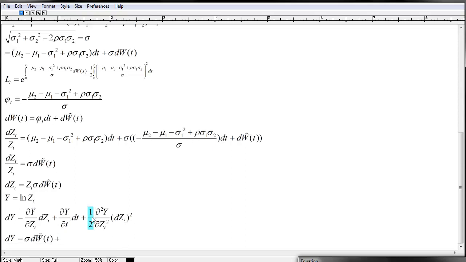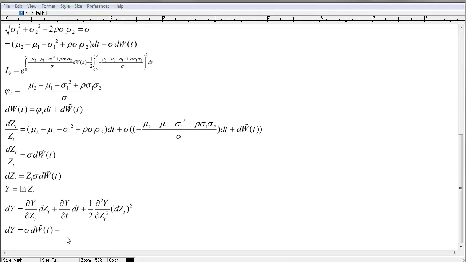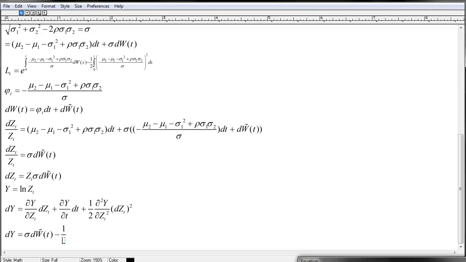And from the third I get the second derivative of y with respect to z, which means that it's going to be 1 divided by z, and once again the derivative of that with respect to z, so it's going to be minus 1/2 times 1 divided by z squared times the differential squared.